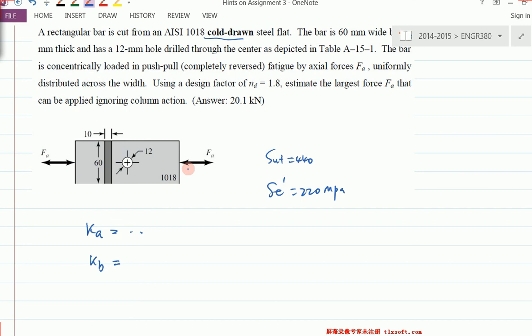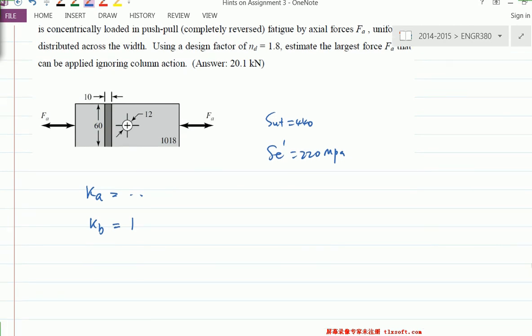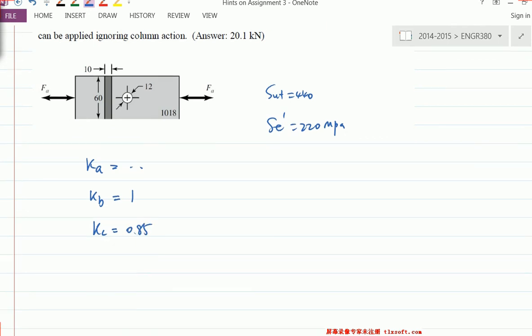But this is axial loading, so if you recall, under axial loading your size effect can be neglected. So Kb is 1. Then the loading condition, because it's axial loading, is 0.85. And that's all you need. And you calculate your SE from Ka, Kb, Kc.